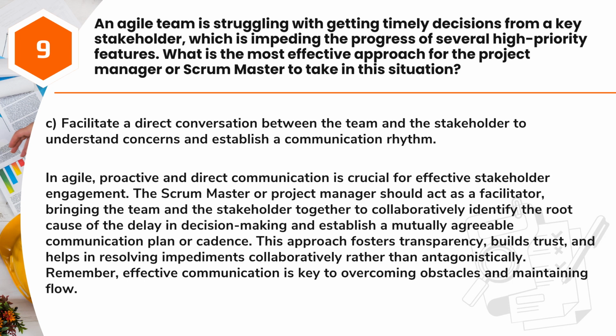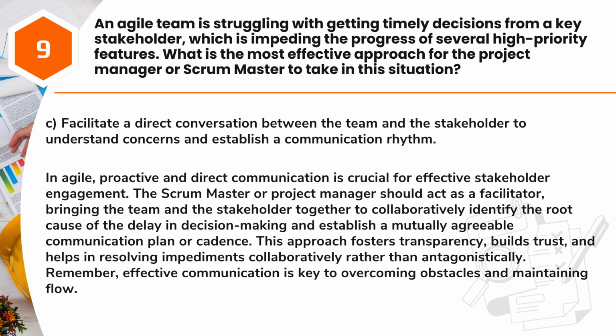Answer: C. Facilitate a direct conversation between the team and the stakeholder to understand concerns and establish a communication rhythm. In Agile, proactive and direct communication is crucial for effective stakeholder engagement.